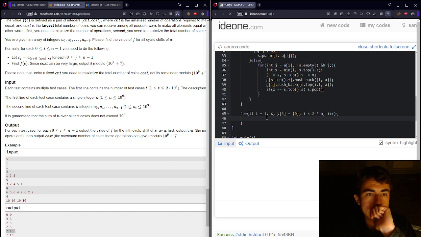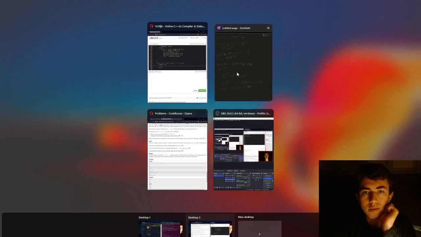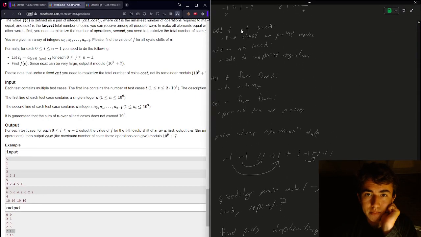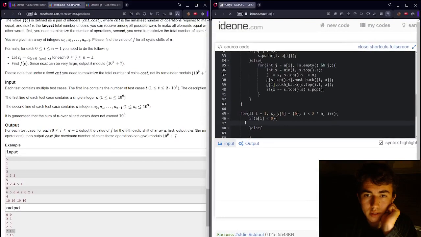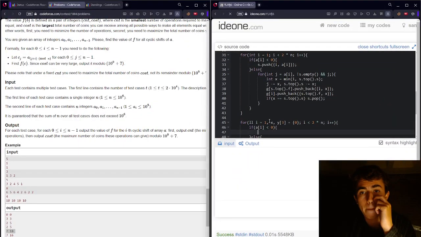So first we need to add the new values to our thing, right? If a of I is less than 0, else. Okay. Whatever. What do we say? Add plus to back. Wait. Do we even need to do this stack twice thing? I don't think we do, right?